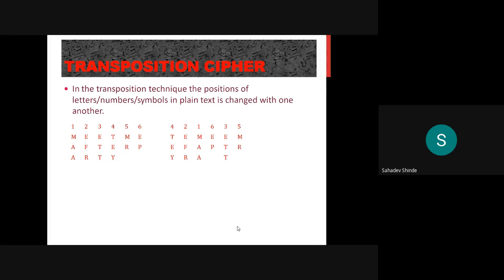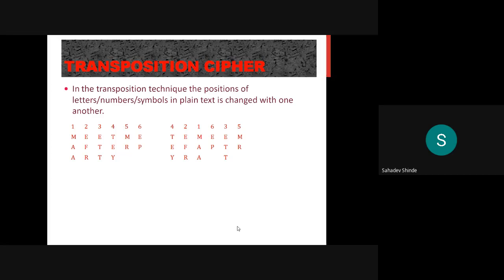Now take one simple example. Here there are two columns. The first order of the columns is 1, 2, 3, 4, 5, 6, and the second order of the columns is 4, 2, 1, 6, 3, 5. We have written the plain text row-wise: "meet me after toga party".